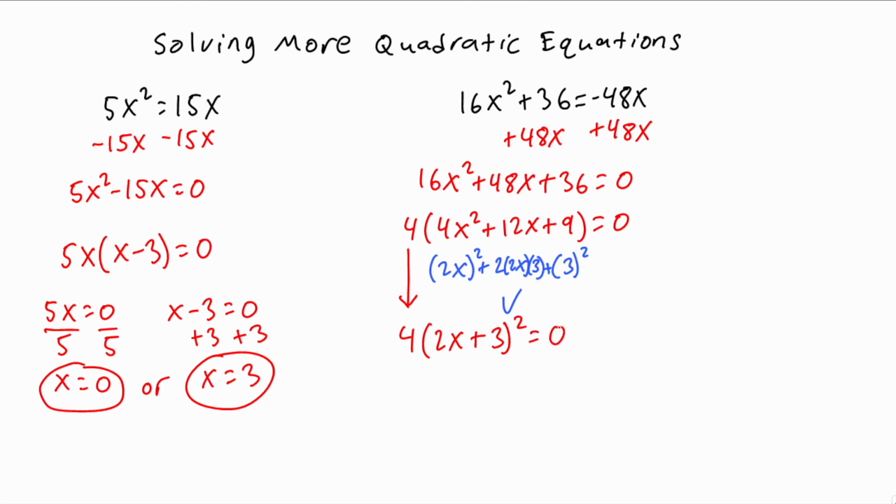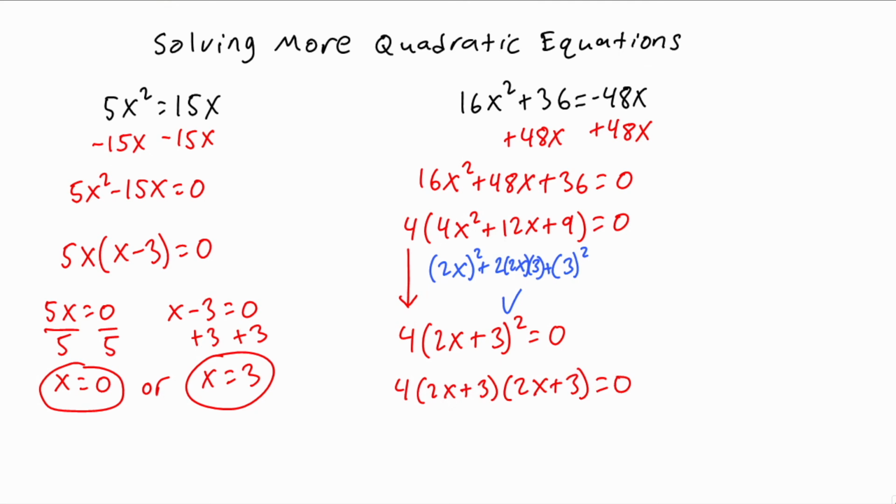And you might look at this and be confused on, well, how do we split this into 2 problems? And that part may seem like it's confusing. And there's a couple different ways to break it down. And so technically we could turn this into 3 problems because the same thing is 4 times 2x plus 3 times 2x plus 3 all equals 0.